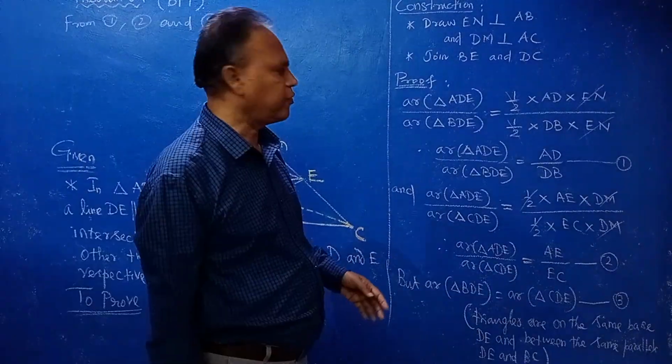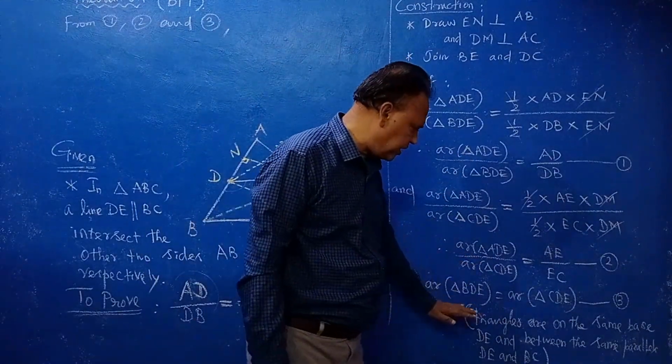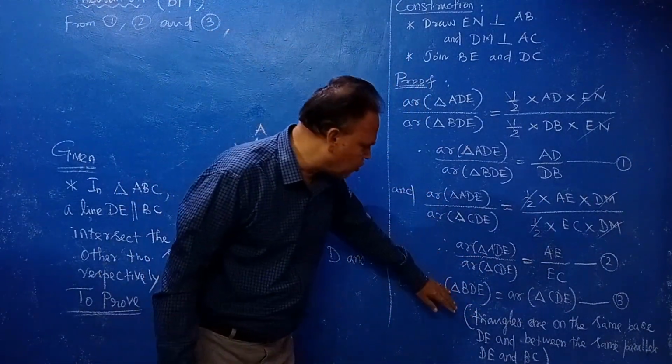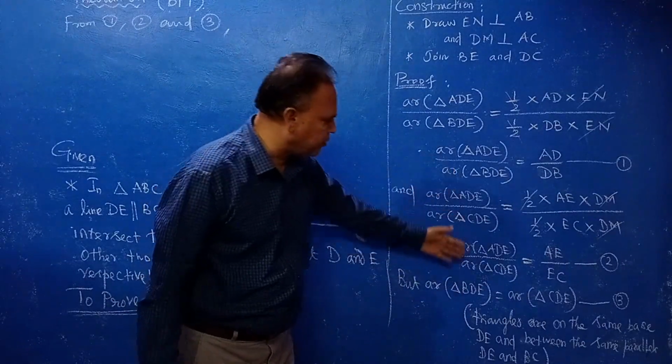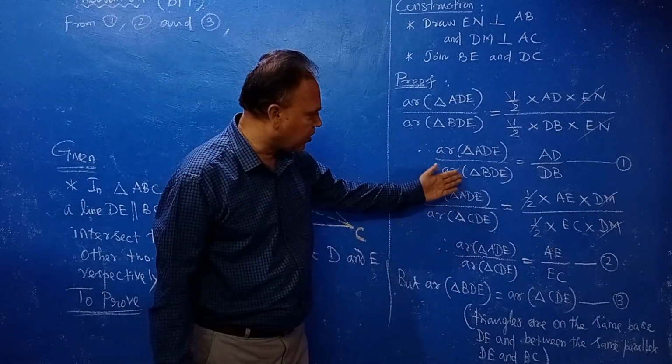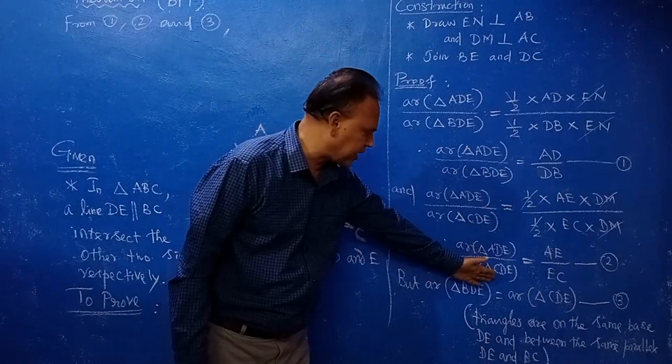Understand? See, from 1, 2 and 3. Using this 3, the left hand side will be the same, because area BDE equals area of triangle CDE.